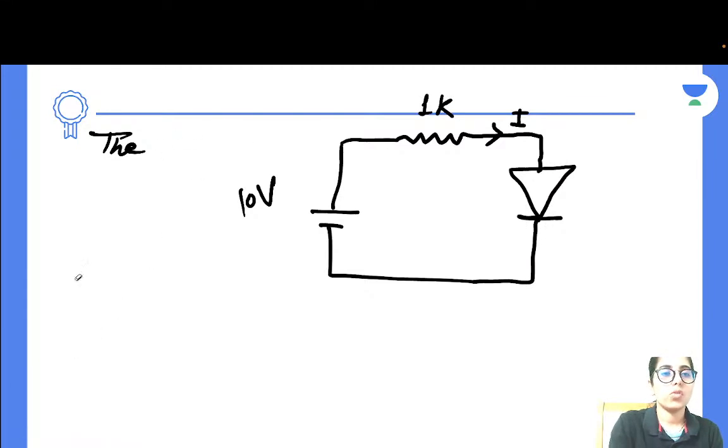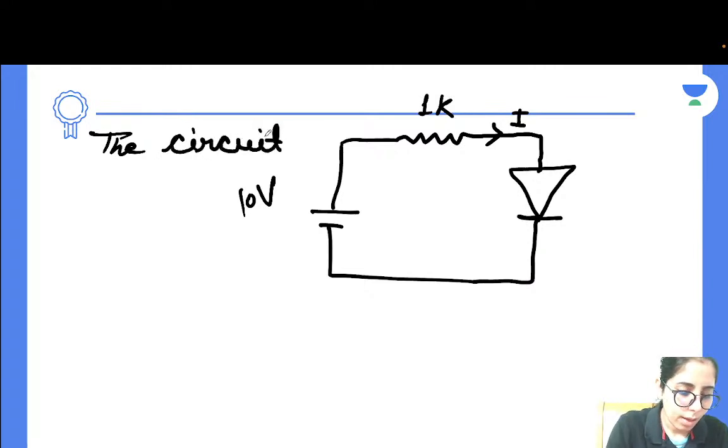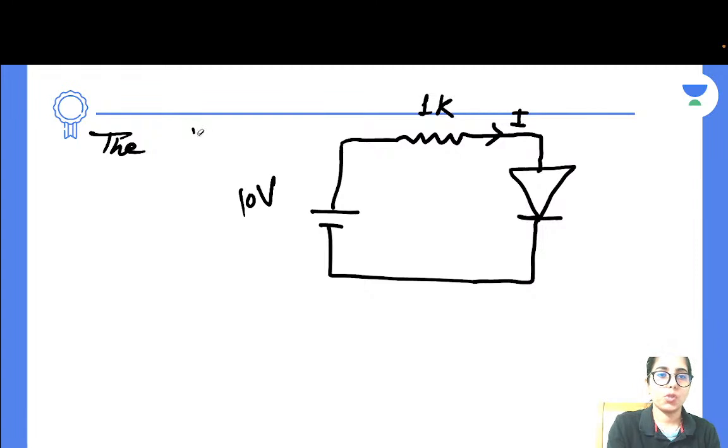The current I in the circuit is... it's not circuit, it's current.